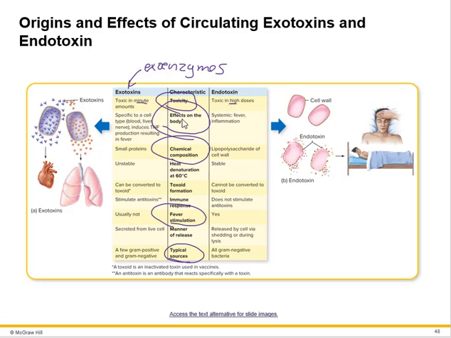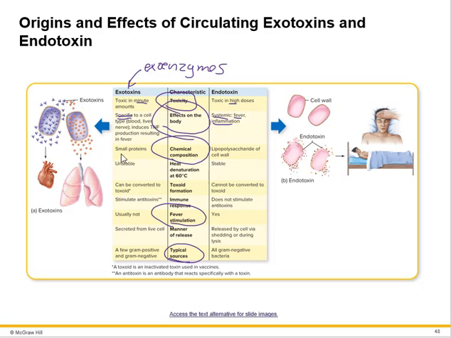The effects on the body with endotoxin are general: fever and inflammation. The exotoxin is very specific to the blood or the type of cell, like blood, liver, nerve. So there are neurotoxins, hepatotoxins, blood toxins, and things like that, and they will be localized effects.